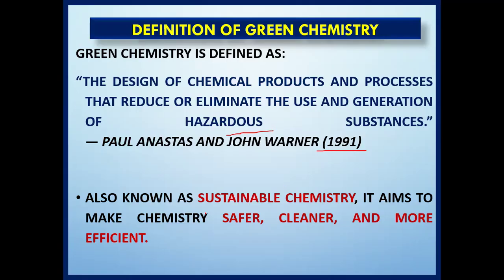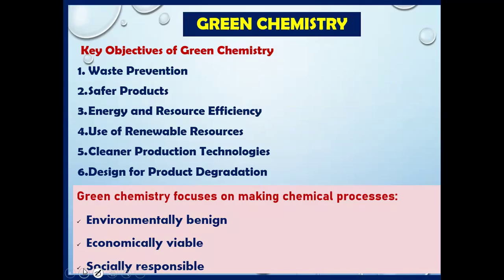It is also known as sustainable chemistry. It aims to make chemistry safer, cleaner, and more efficient. So basically, the green chemistry approach is used to design safer, eco-friendly, and efficient chemical processes which reduce hazardous and toxic chemicals in the environment.